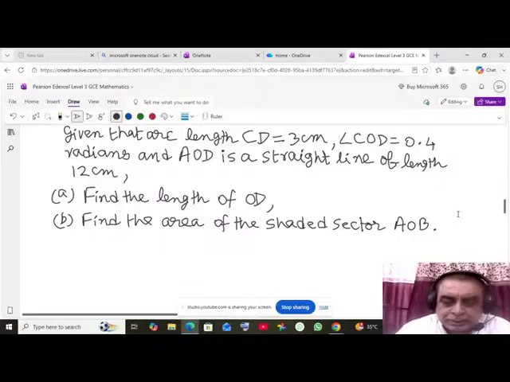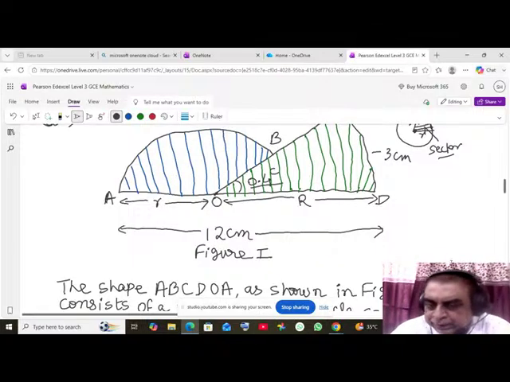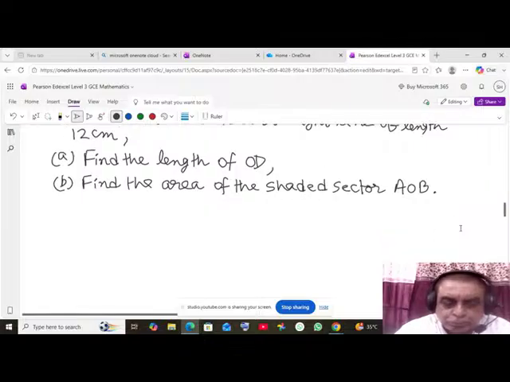In the B part, find the area of the shaded sector AOB, which is shaded in blue color. Okay, now I am doing it. Now you please follow here.